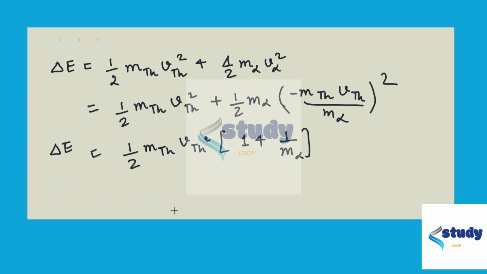This is the magnitude of the energy that is produced in the reaction, and that would be 5.3. Sorry, you don't have the minus, keep it away. MeV, and this is the mass of thorium.